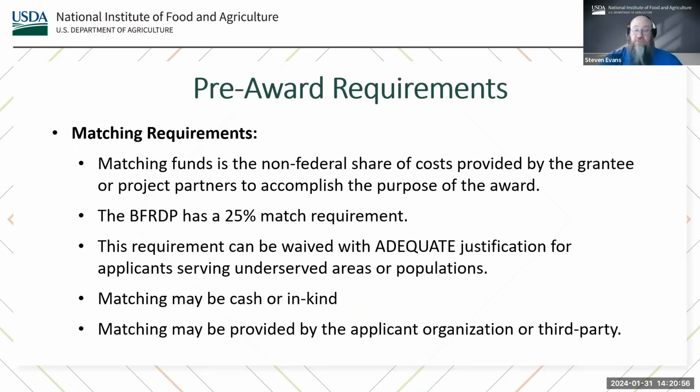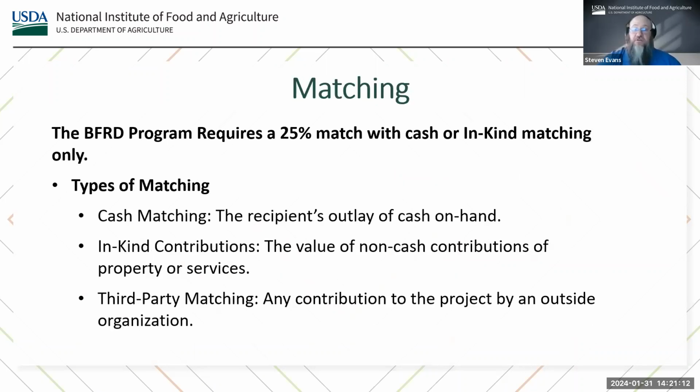So if you're able to take a waiver, request the waiver, as Becca was telling you, put that in. And next page, and you will most likely be granted that waiver based off of what you are being served or who you're serving. In matching, we have several types. You can do cash matching, in-kind contribution, and third-party contribution matching. Next slide, please.